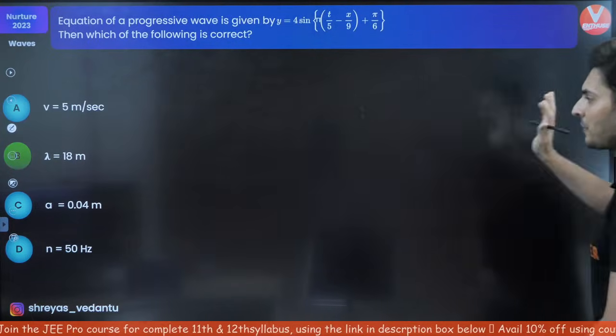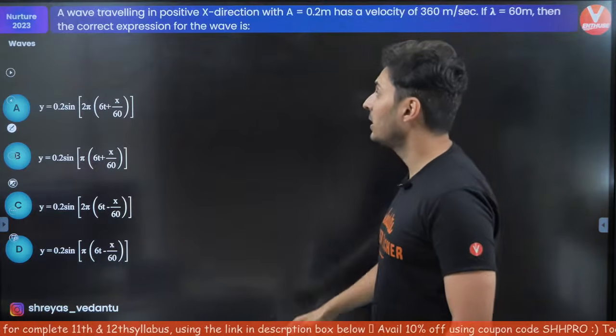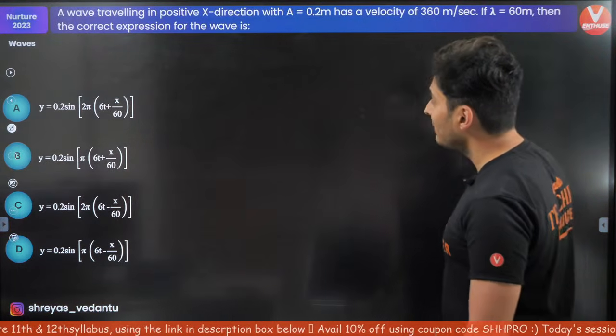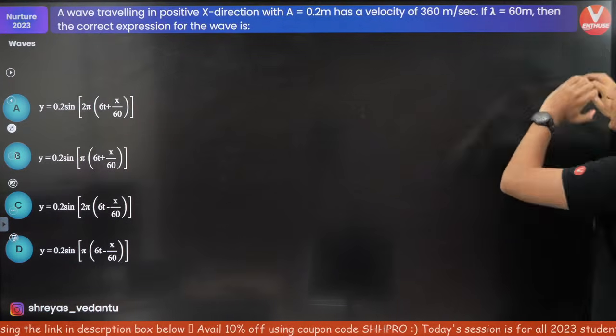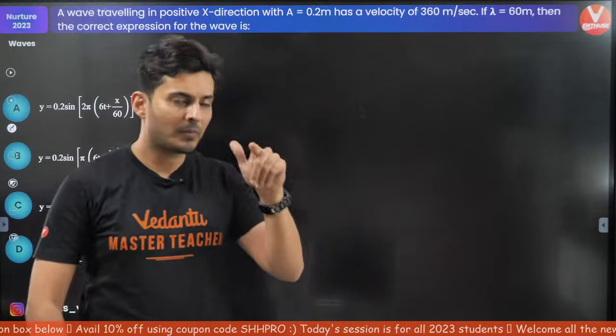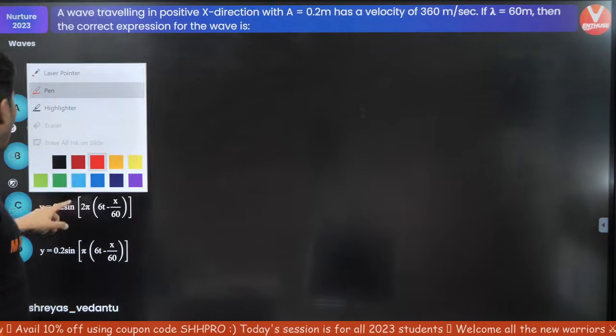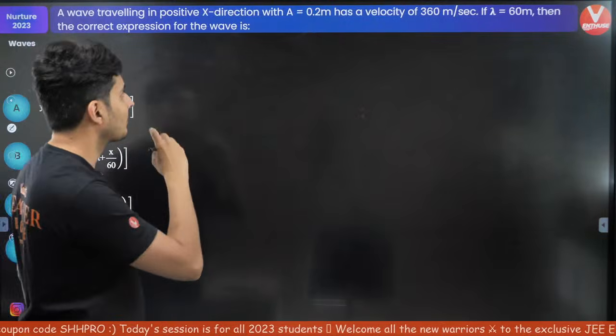It's not that difficult. Okay, moving on to the next one. It just looks scary, but don't get scared by it. A wave traveling in the positive x direction with this much amplitude has this much speed, wavelength is this much, then choose the correct expression for the wave. Let's try to figure this out. Amplitude is given, speed is given, wavelength is given.